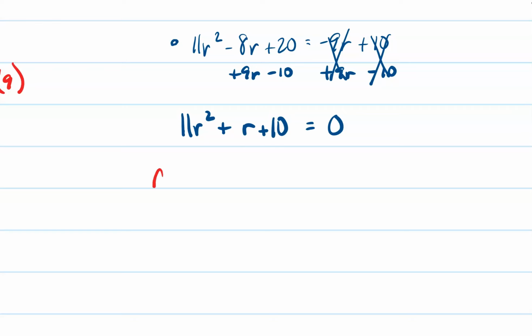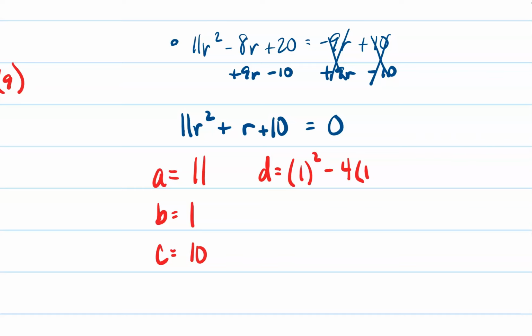And now we can identify our a, b, and c values since we have an equation equal to 0. A is 11, b is 1, c is 10. So our discriminant would be b squared, so 1 squared minus 4ac, or 4 times 11 times 10. Now I can already tell that there's going to be a problem here.